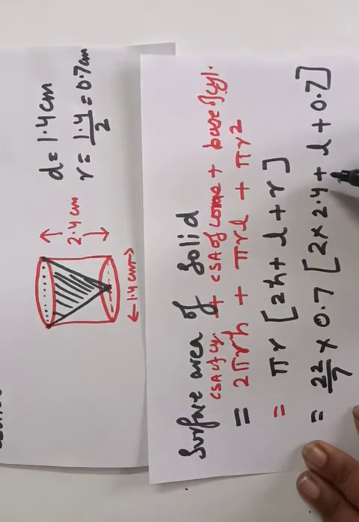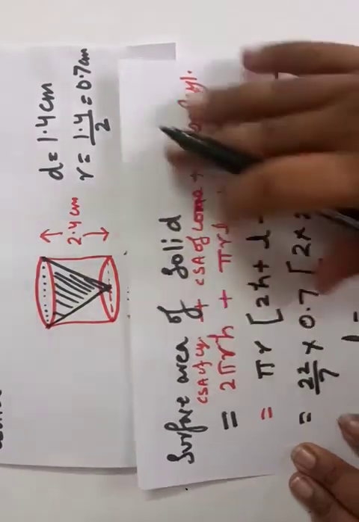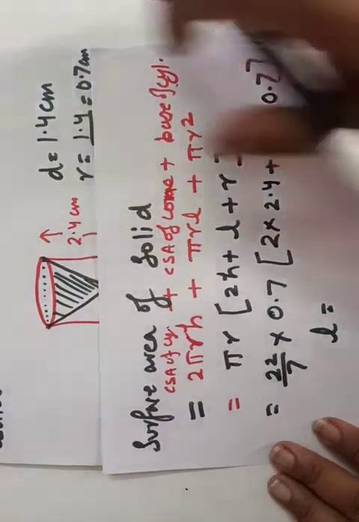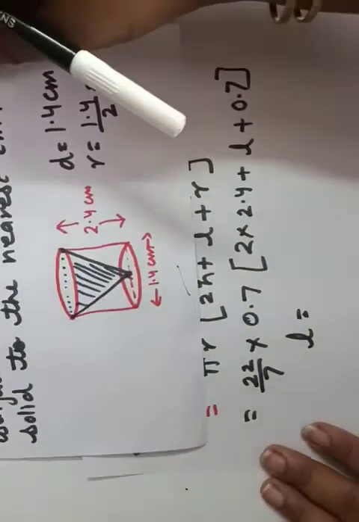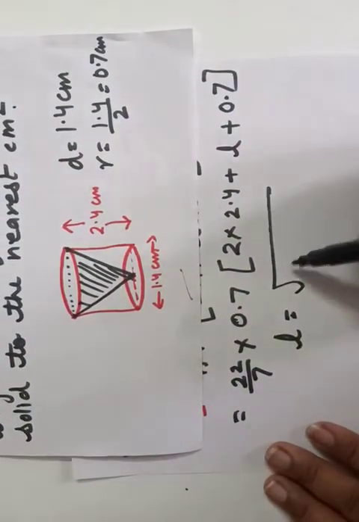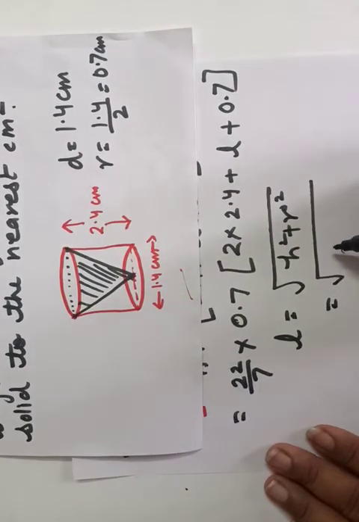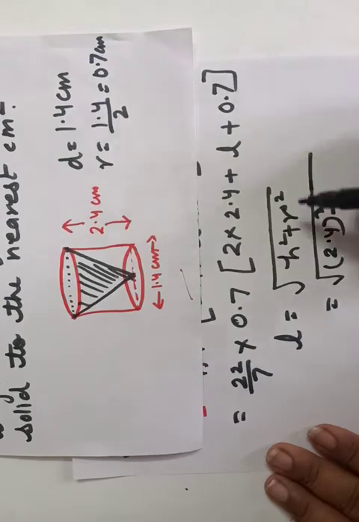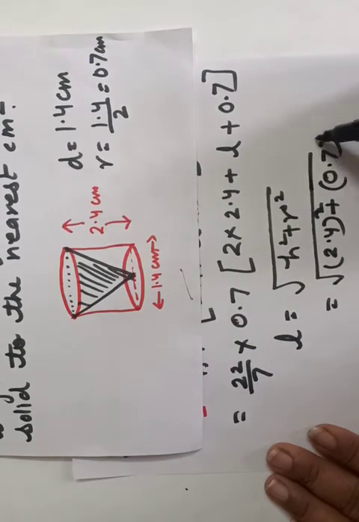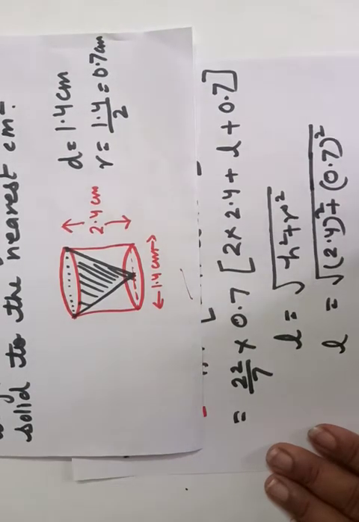So we have to find L, the slant height of the cone, and we know the formula for the slant height is L equals under root of h square plus r square. What is h here? It is 2.4 squared plus r, which is 0.7 squared. That will be equal to L.